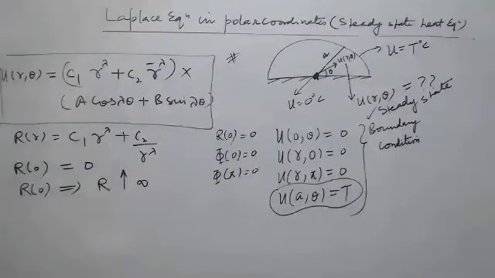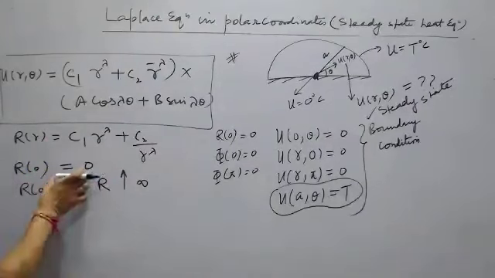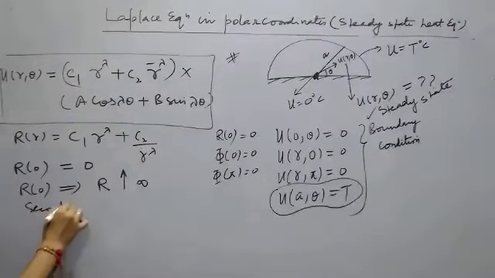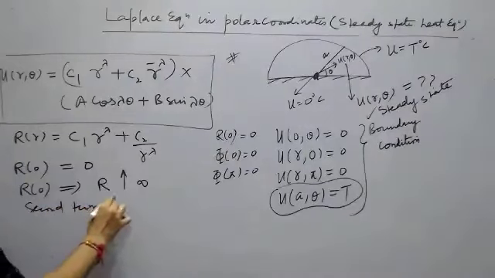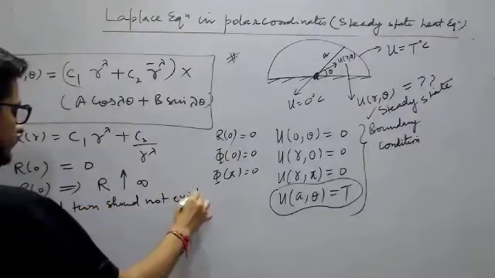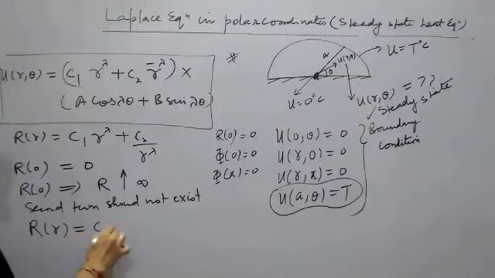Can you see that? Because if r goes to 0, this becomes infinity. So which is a contradiction to our boundary condition. So that means the second term should not exist. So this will give me R of r is equal to c1 r to the power lambda. Correct?